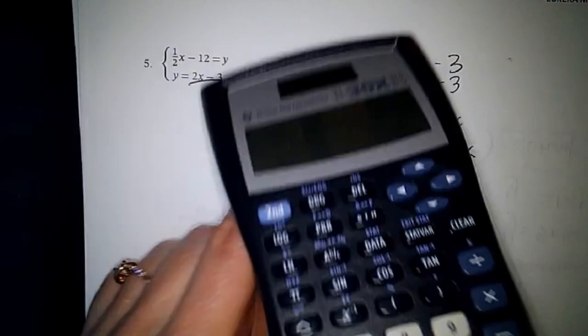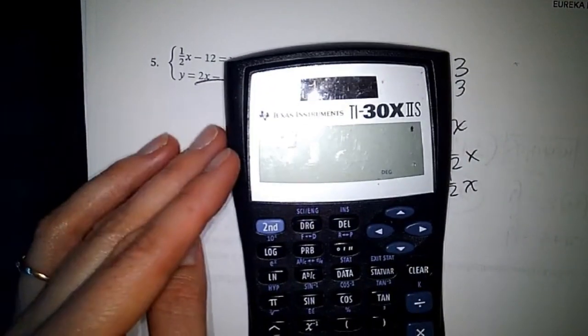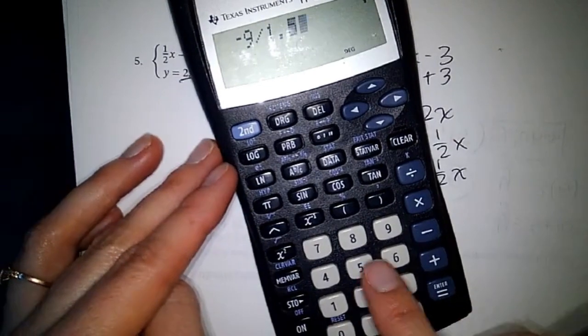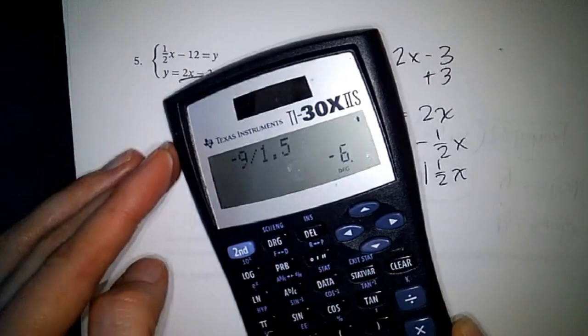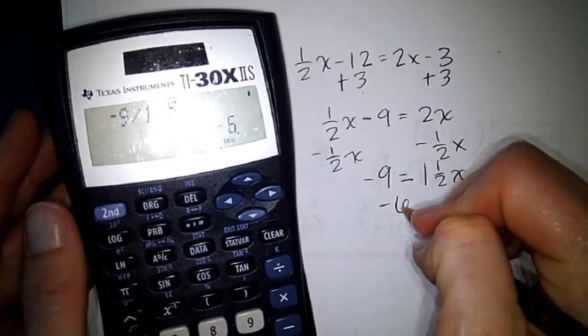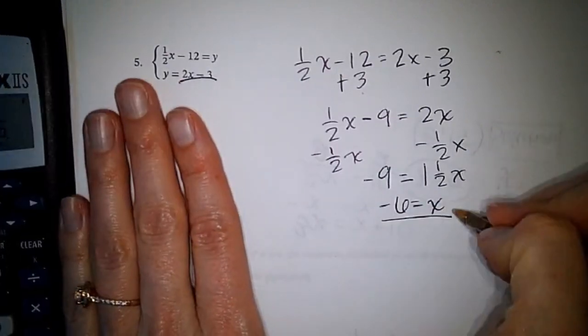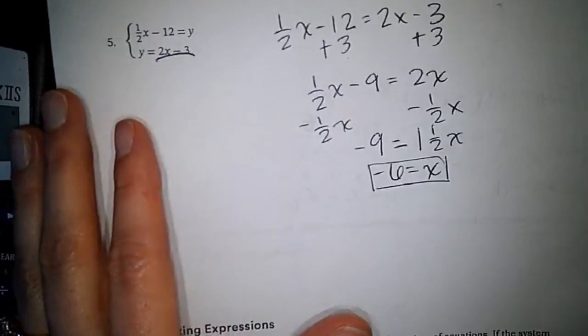So, negative 9 divided by, I'm going to go ahead and just do 1.5. And I get negative 6 equals my x. Now I can take the value of x and do what with it, guys? Substitute it back into my equation. Which one y'all want? The first one or the second one? It doesn't matter which one you use.